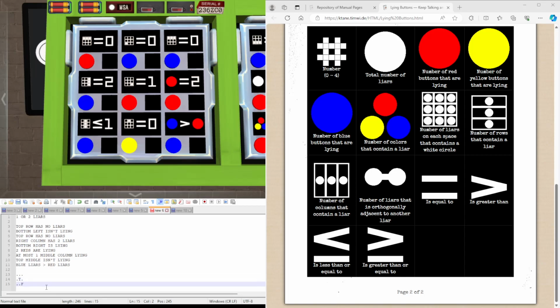So maybe let's try something else here. Saying this one's a true means this one's telling the truth, which then means this one's telling the truth. That one tells us that at most one is telling a lie in the middle column. That is currently true. So let's try something else again.